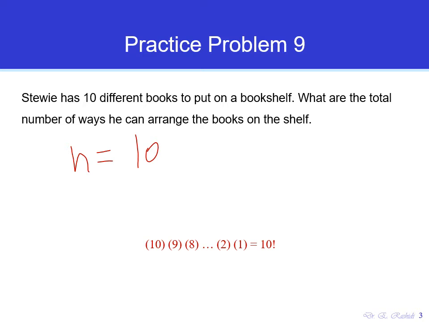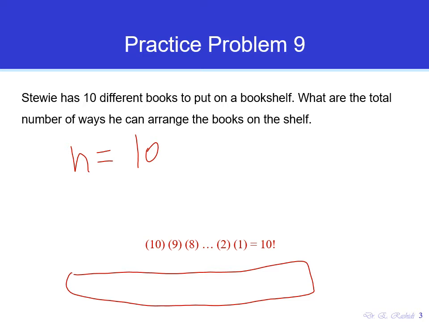Another way that you can look at it is like this. When you want to put the books on the shelf, one of the books would be the first book on the shelf from the left side. The second book would be here, the third book here, the fourth book here, and so on until the 10th book.